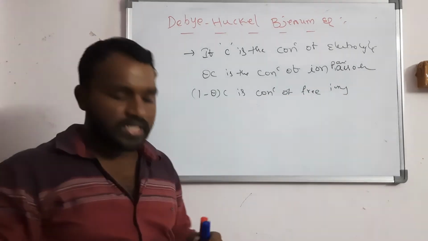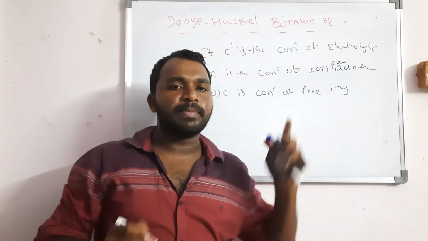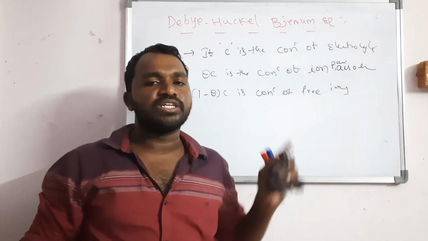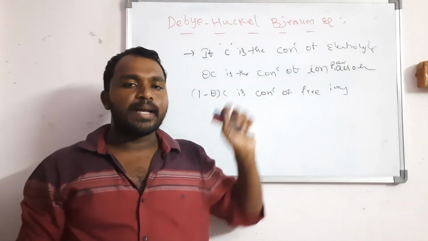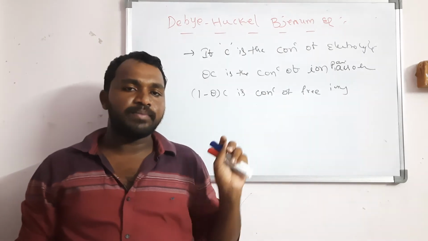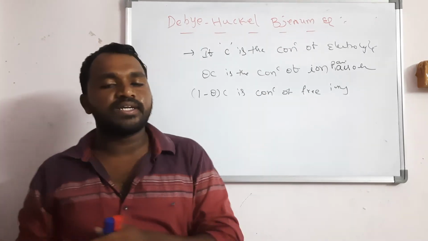So if C is the concentration of the electrolyte, theta into C is the concentration of ion pair association, and 1 minus theta into C is the concentration of free ions.